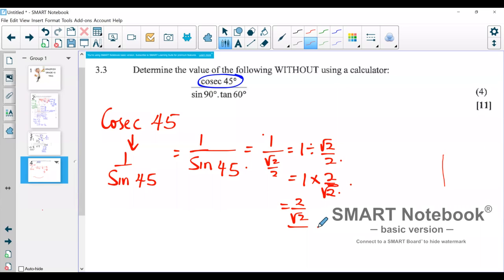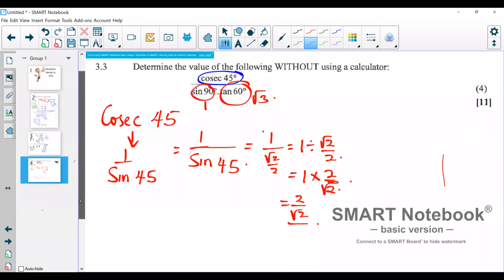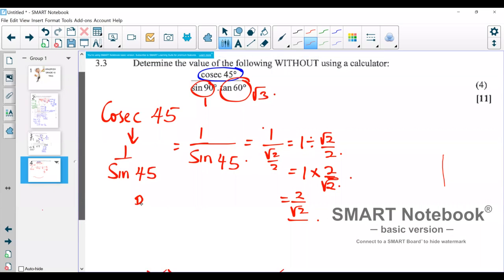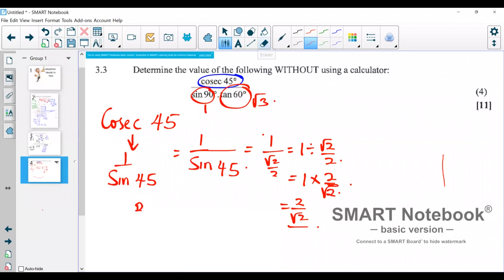Sine 90, we said it's 1, and tan 60, we said is root 3. So let's bring all the values in. I have 2 over root 2 divided by 1 times square root of 3. Now, what will this give us?